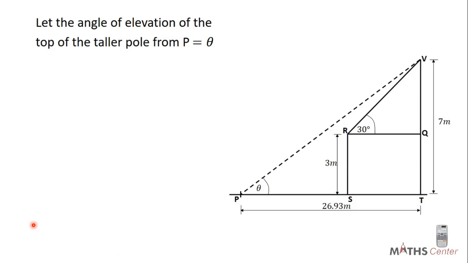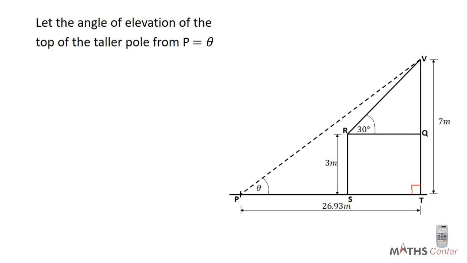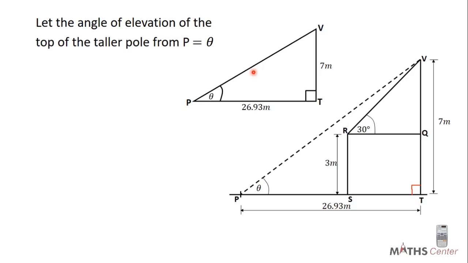Remember that this angle here is a right angle, so we can consider the right angle triangle PVT to find theta, the angle of elevation of the top of the taller pole from P. In triangle PVT, PT is 26.93 meters, as we just found. VT, from the diagram, is 7 meters.